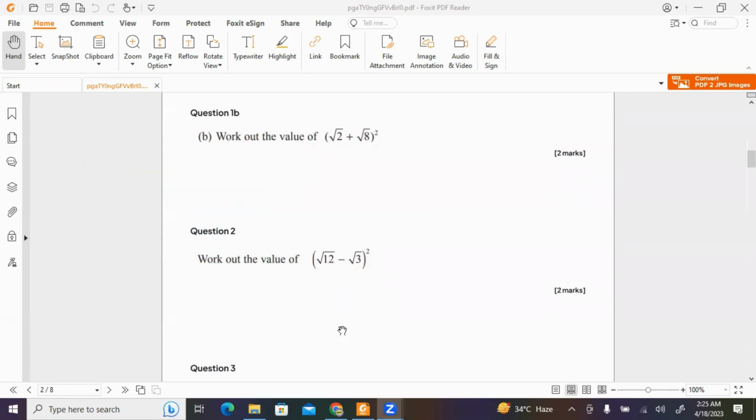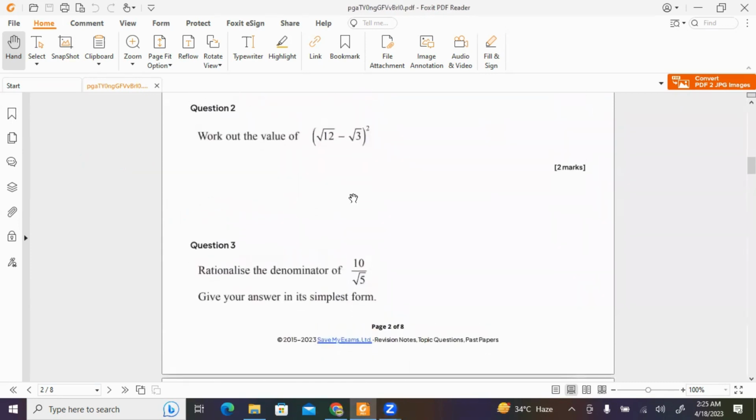Similarly, if you look at question number 2, it's pretty much the same thing, but now instead of the surds being added, they're being subtracted. So we rewrite root 12 minus root 3 whole square as root 12 minus root 3 times root 12 minus root 3.